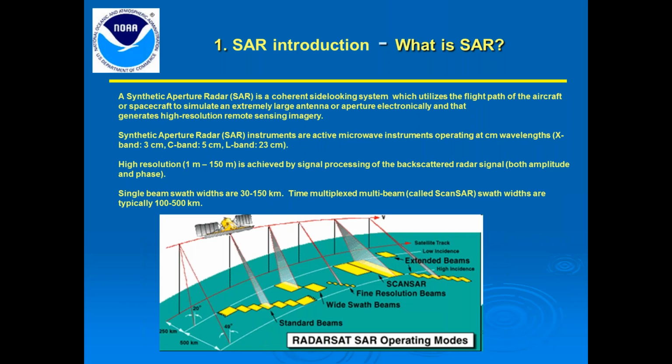Basically, the synthetic aperture radar is a coherent radar system, and usually we have X-band, C-band, and L-band radars that have all been launched. For example, X-band launched by German DLR, C-band launched by the Canadian Space Agency, and L-band by Japan's JAXA, and so on and so forth. So we can achieve very, very high resolution.